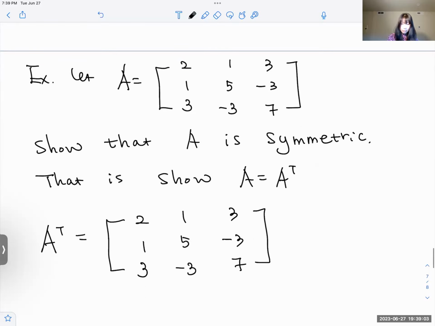This is the transpose of A, right? But we get the same as A. Can you see that?